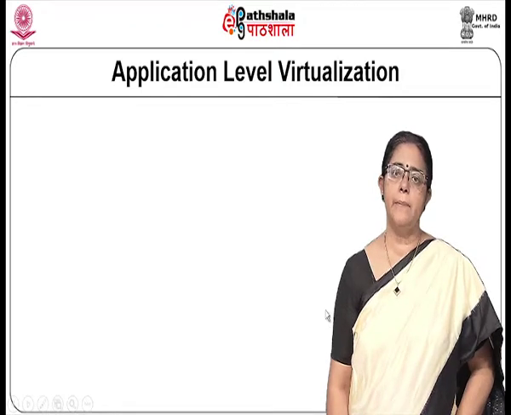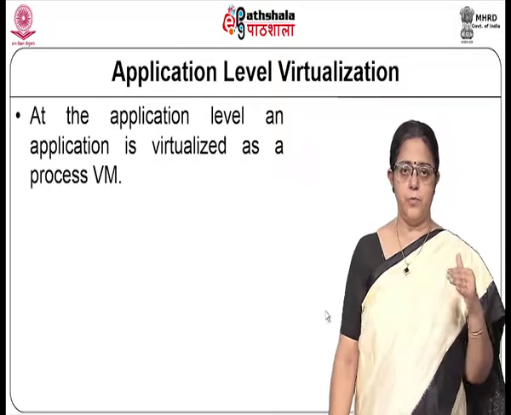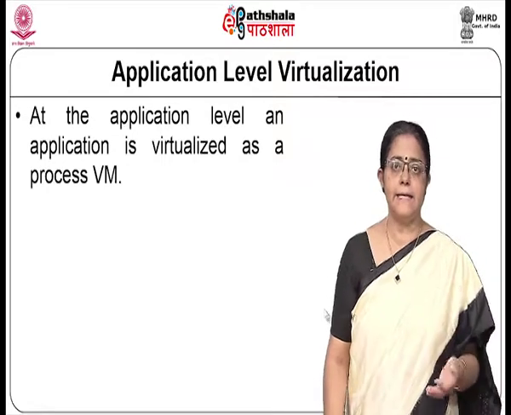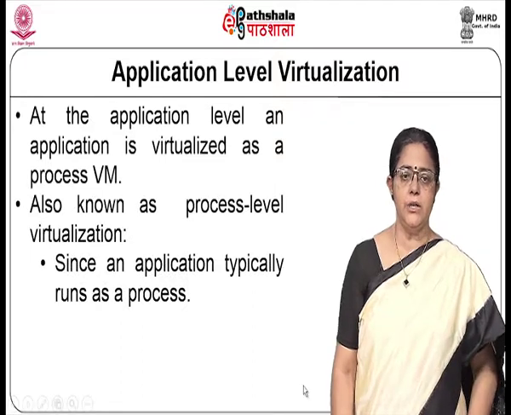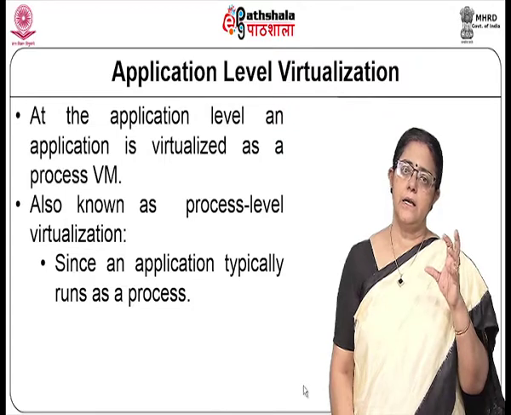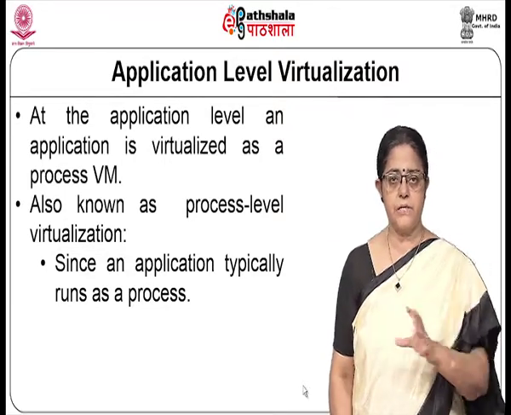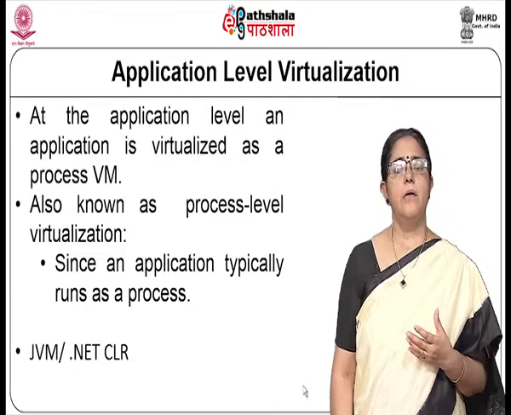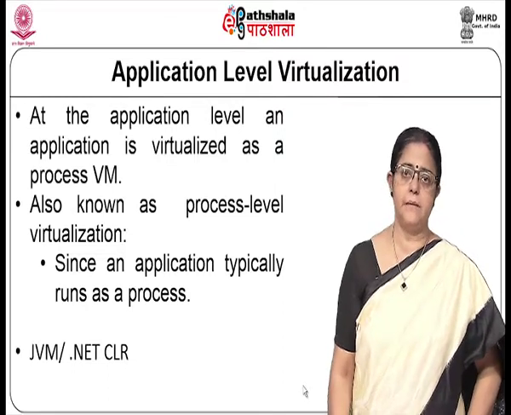First, we look at application level virtualization. This is the process VM, as we will see a little later. It typically creates a separate process for applications. JVM or the .NET CLR are typical examples of this.